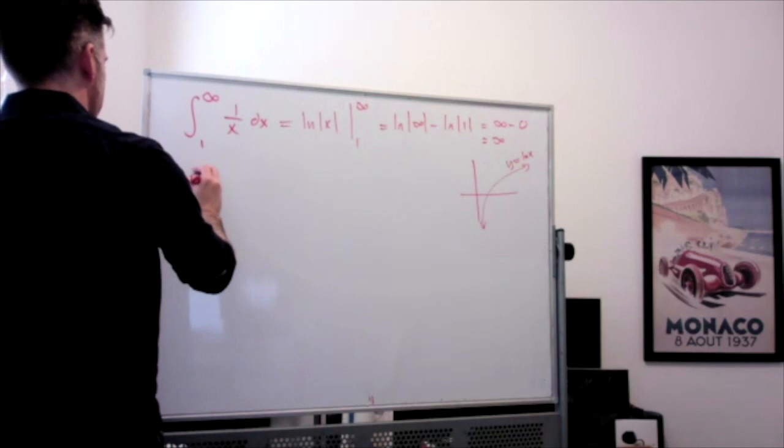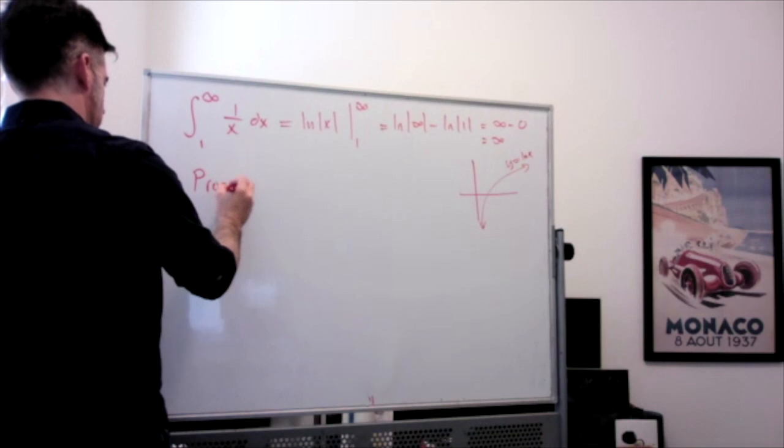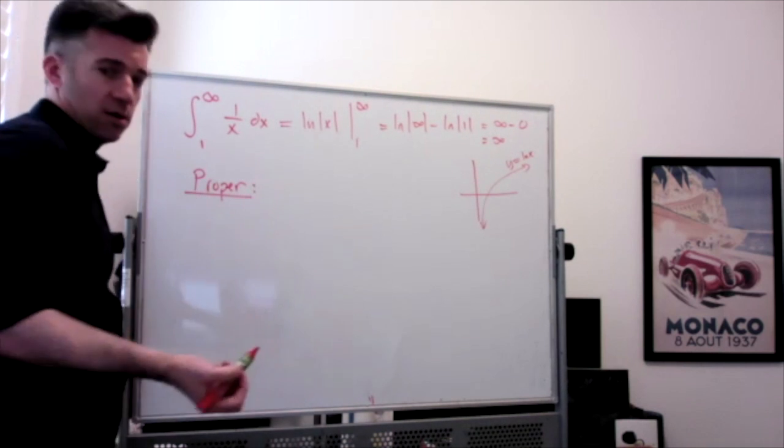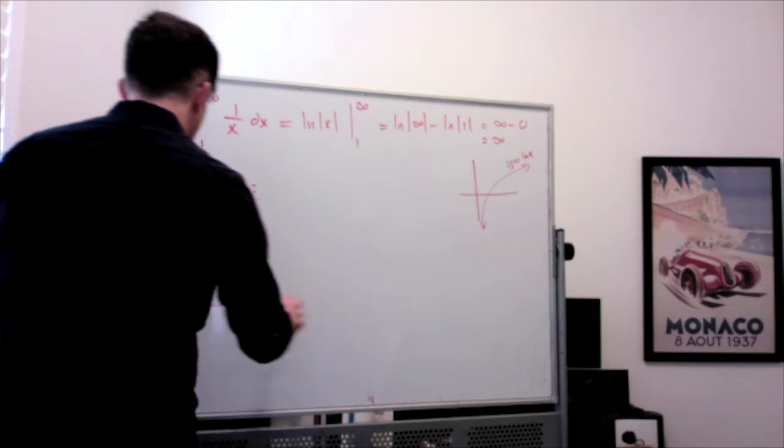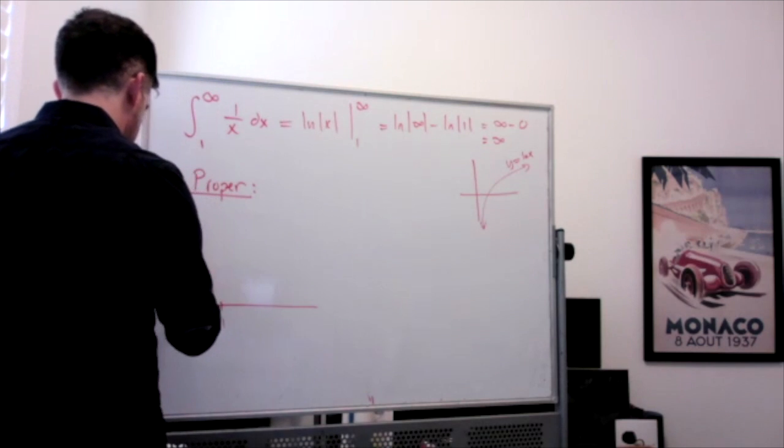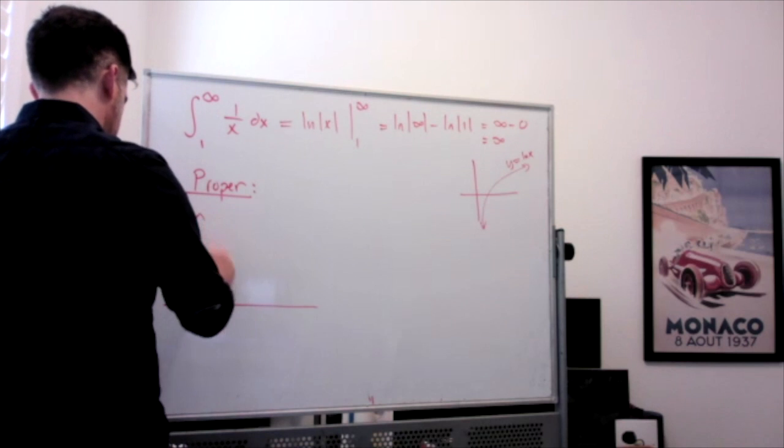So instead, here's the proper way. Actually, let's look at the picture. We know what 1 over x looks like.